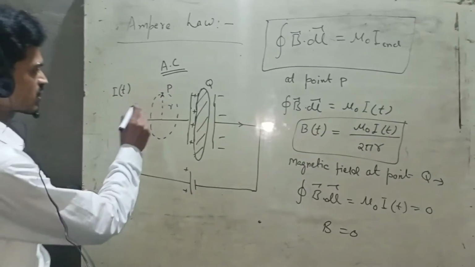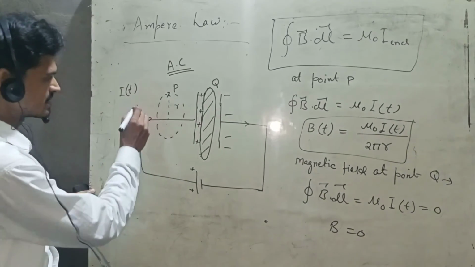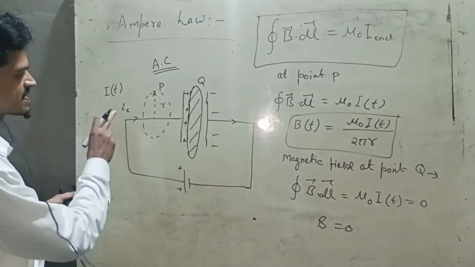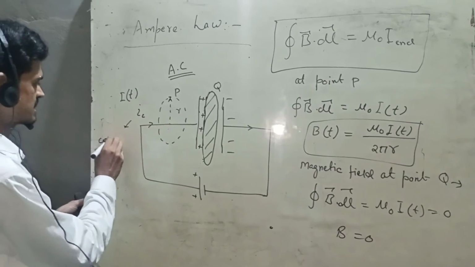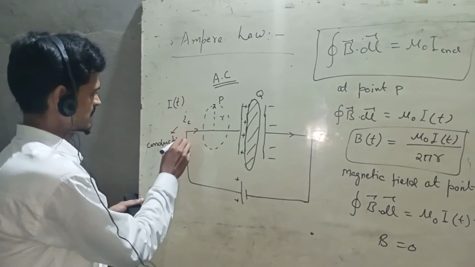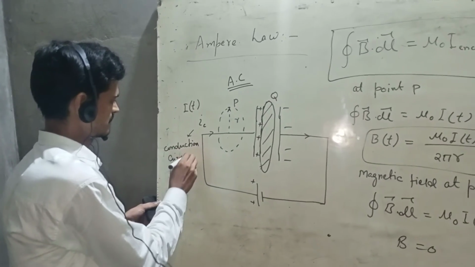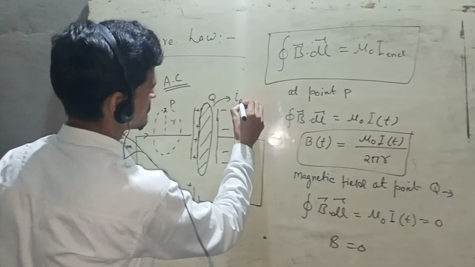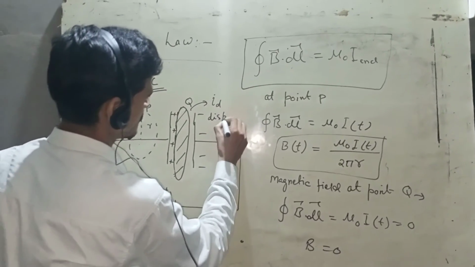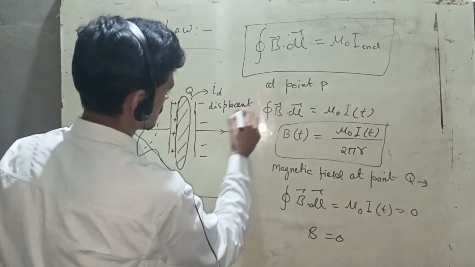Suppose this current flowing through the wire is called IC, the conduction current, and inside this space there is a current flowing which is called displacement current.